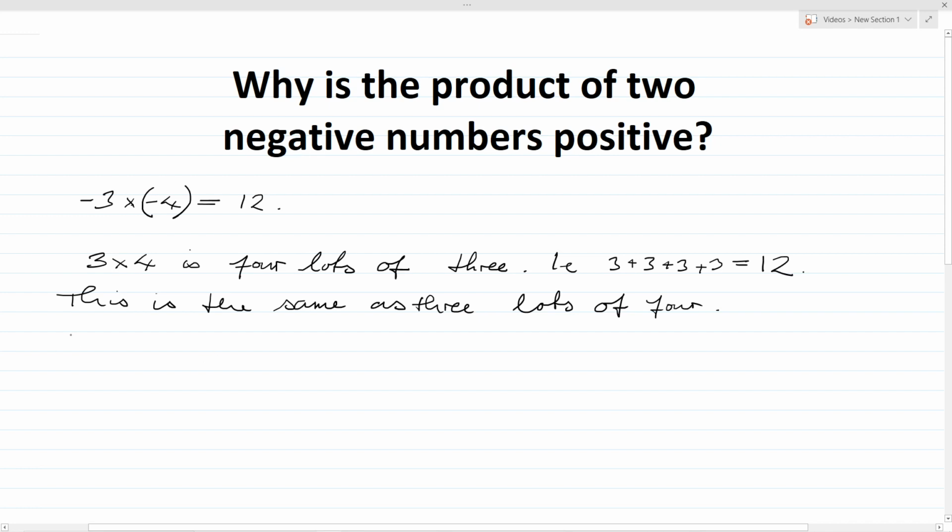We'll just write it out: 4 plus 4 plus 4 is equal to 3 plus 3 plus 3 plus 3, and we all know that all of these are equal to 12. This implies that 4 times 3 is equal to 3 times 4.